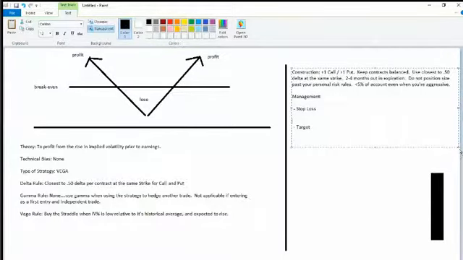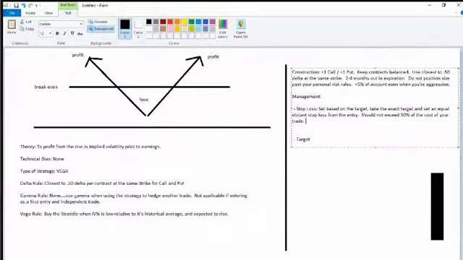Now, the stop loss for me is going to be set based on the target, and take the exact target and set an equal distant stop loss from the entry. That will make more sense in a minute. This should not exceed 50% of the cost of your trade. And that's kind of the skinny with the stop loss.